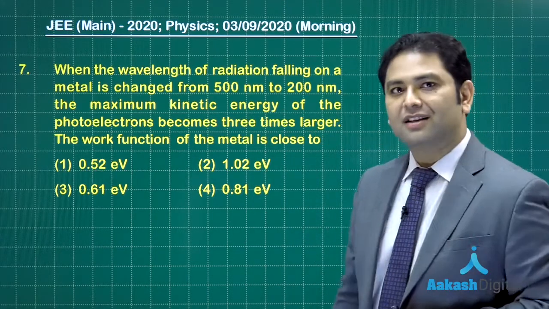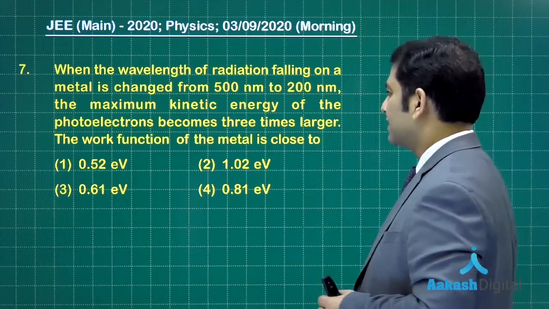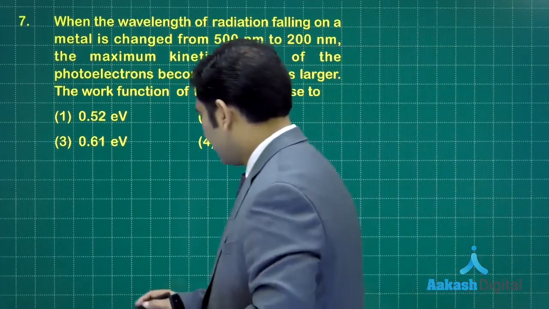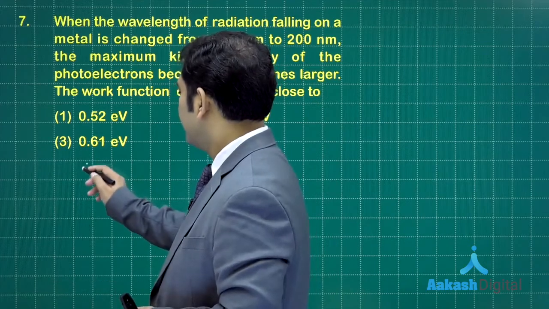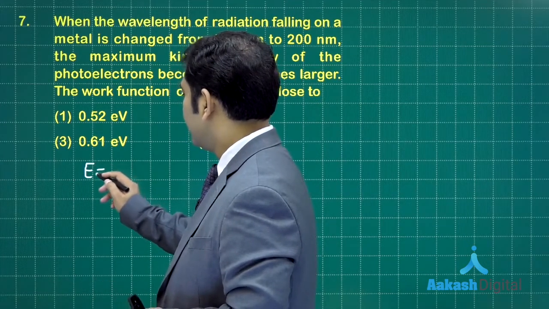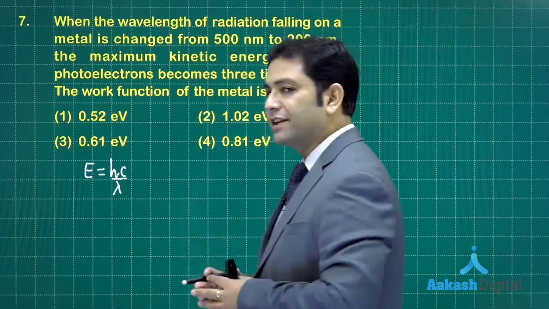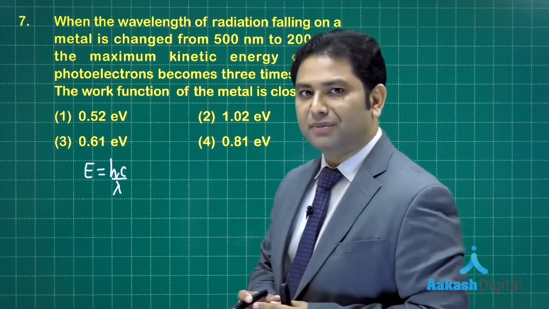We need to calculate the work function. Now the first thing is that this seems a bit hectic in calculation if you don't consider this fact. If you talk about the energy of light, that's hc by lambda. Let me consider the case when it's 500 nanometer.